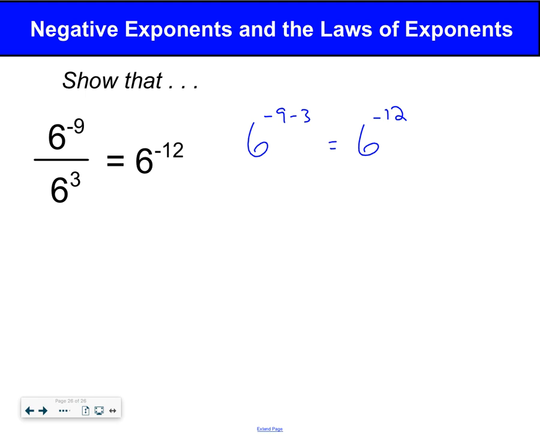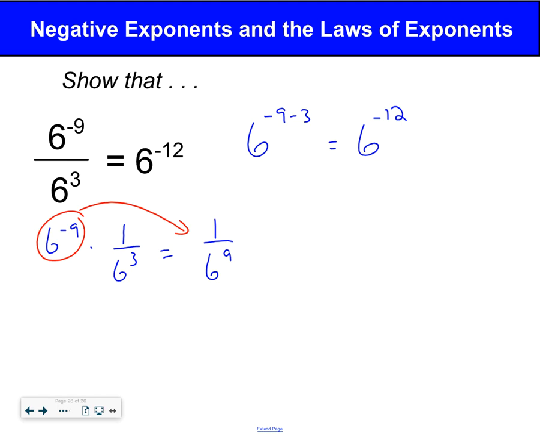Well, remember, I can rewrite this as 6 to the -9th times 1 over 6 to the 3rd. And if I want to write something even further, I know that 6 to the negative ninth can be rewritten as 1 over 6 to the ninth. So remember, our negative exponent properties allow me to take this and write it like that.